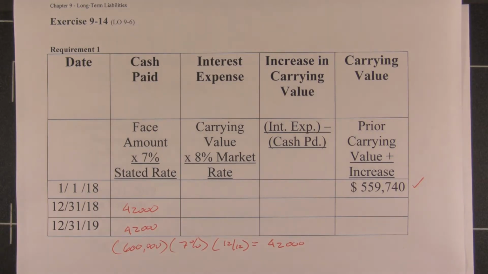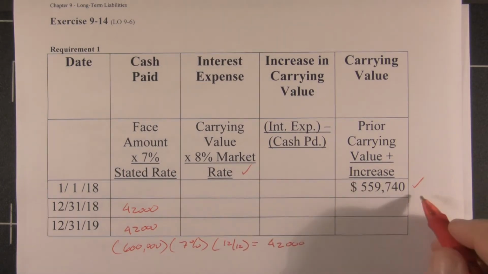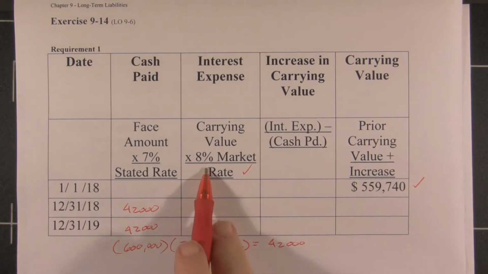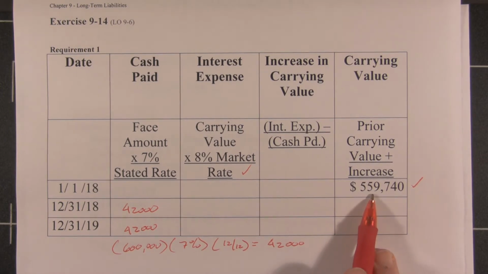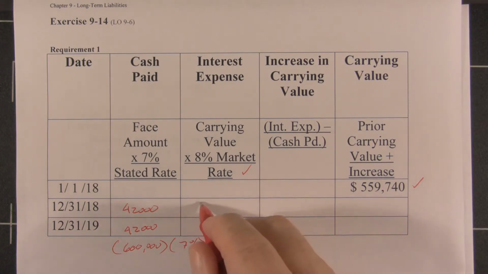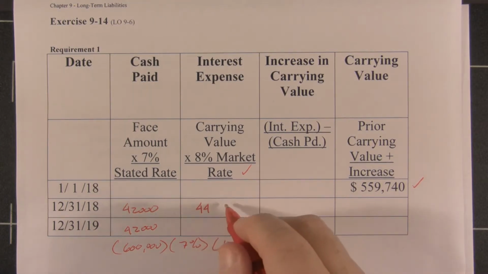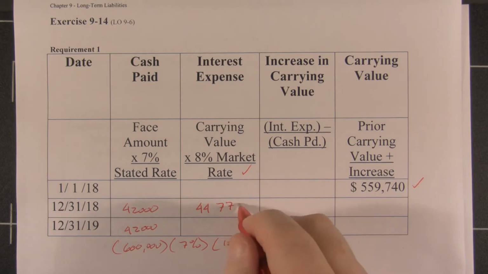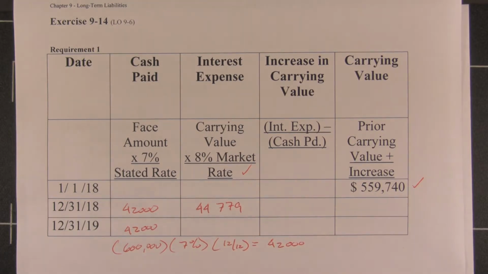The interest expense is really the market rate times the carrying value. So 8% of $559,740 is our interest expense, and that comes to $44,779 and a few pennies.